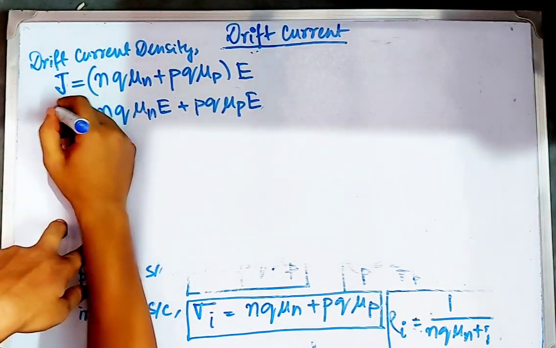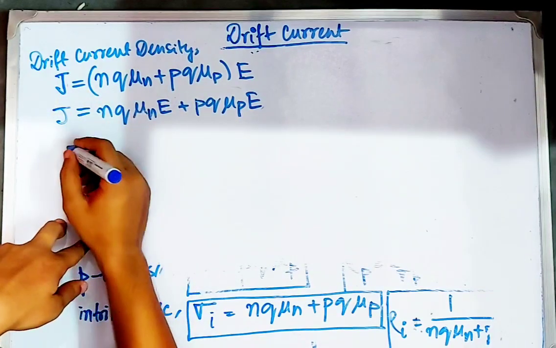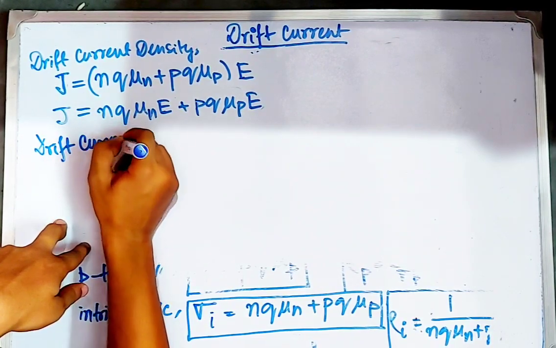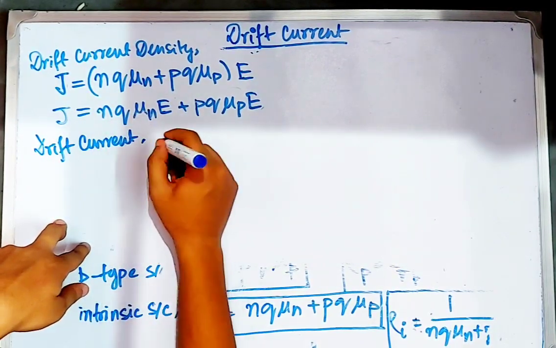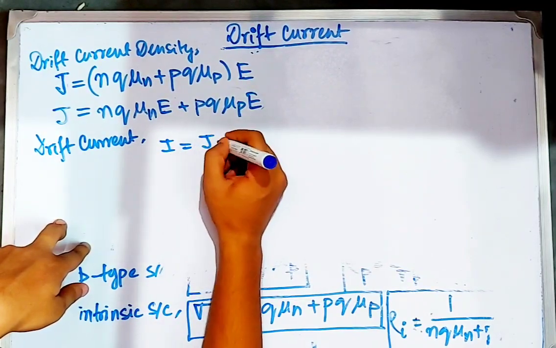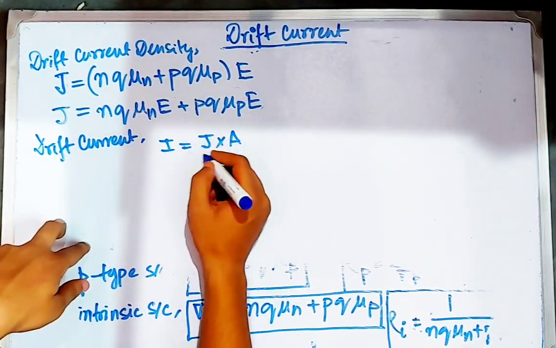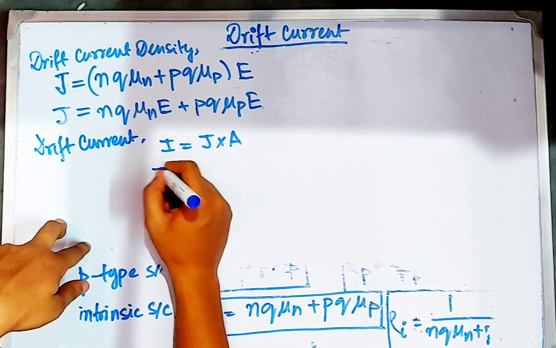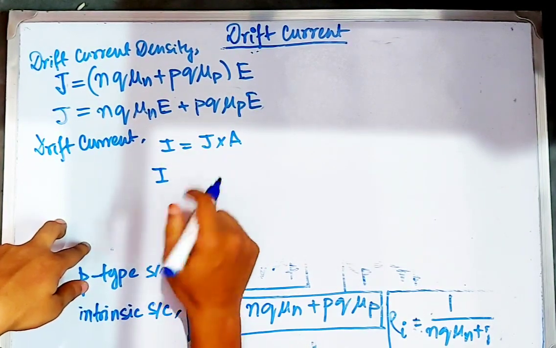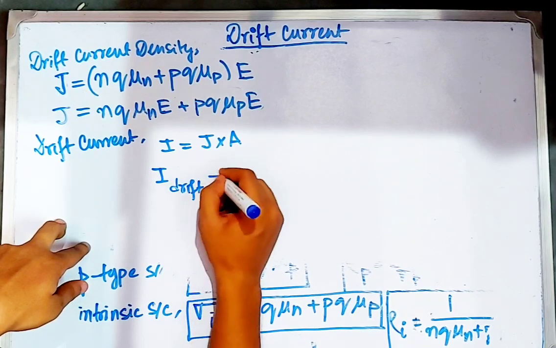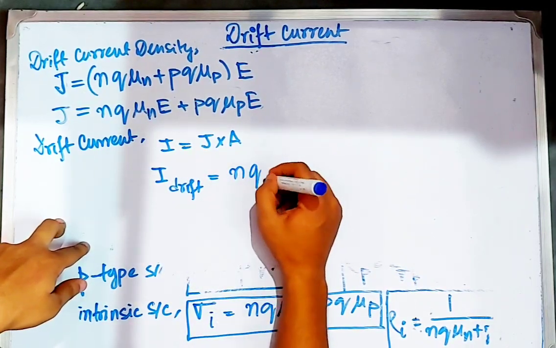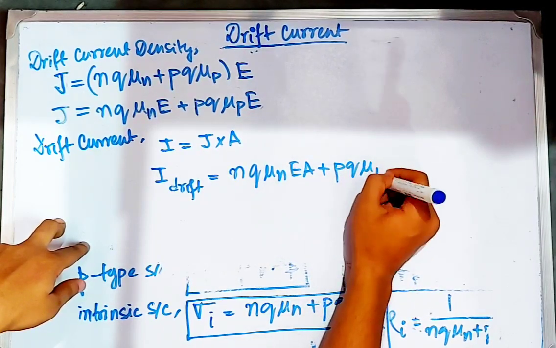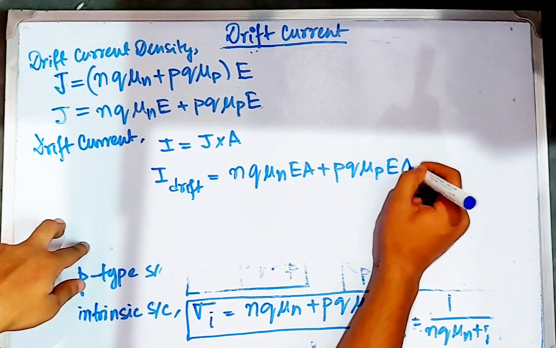So this is the drift current density. If I talk about the drift current, then I is equal to J into A, because J, the current density, was I by A. So we can write I drift is equal to nq mu n EA plus PQ mu P EA.